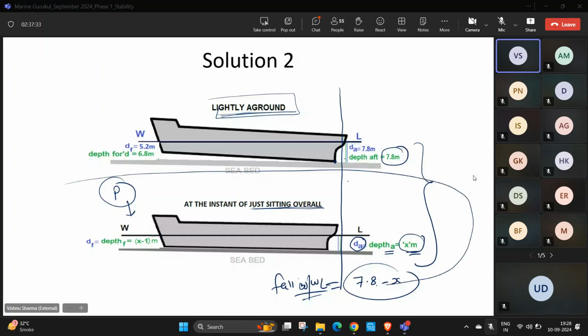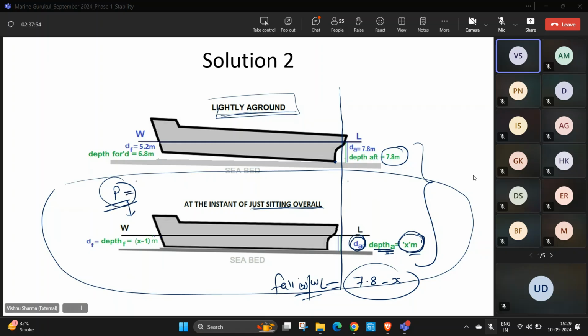Once you get the virtual discharge, use your knowledge of discharging: hydrostatic draft, displacement, trim, TA, TF, and I have given you enough hints. How can I get this draft aft, which will be equal to depth aft, which will be equal to x meters, once I get P?